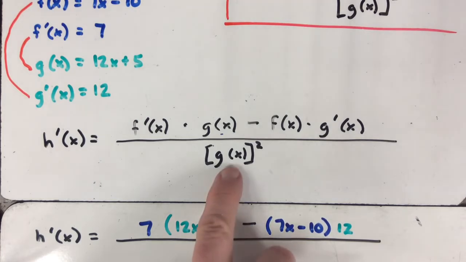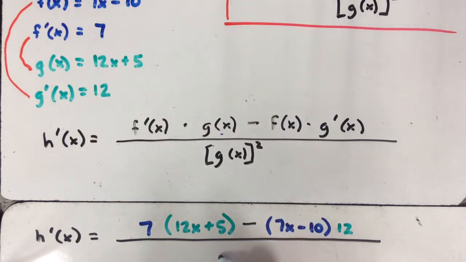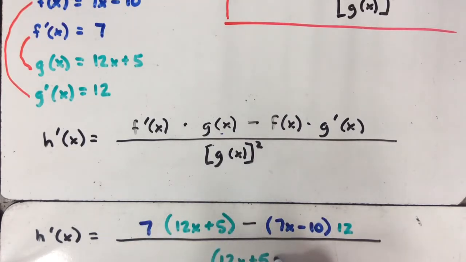And then all of that is over g of x squared. G of x, that is that 12x plus 5. And they put brackets here. You can use brackets or parentheses. We tend to use parentheses more. So that is all over a 12x plus 5 squared.